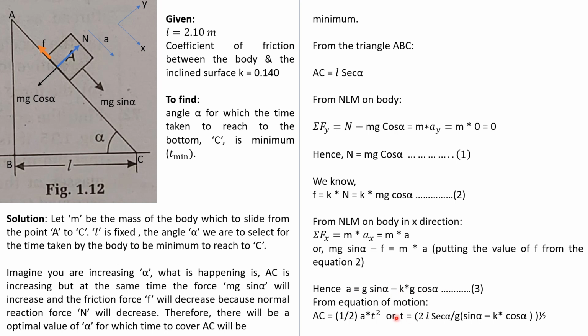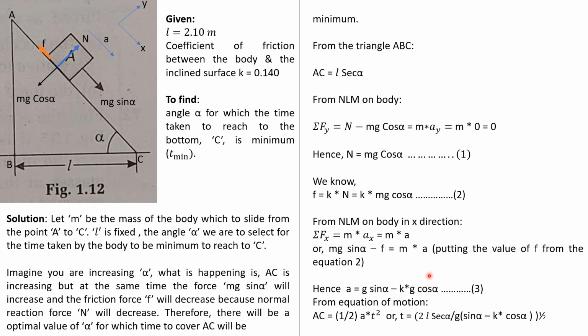A question comes to the mind of students: if the acceleration is maximum, the time to cover the distance from A to C will be minimum. Here the students can get confused, and think to differentiate it with respect to alpha, put the value 0 and calculate alpha.